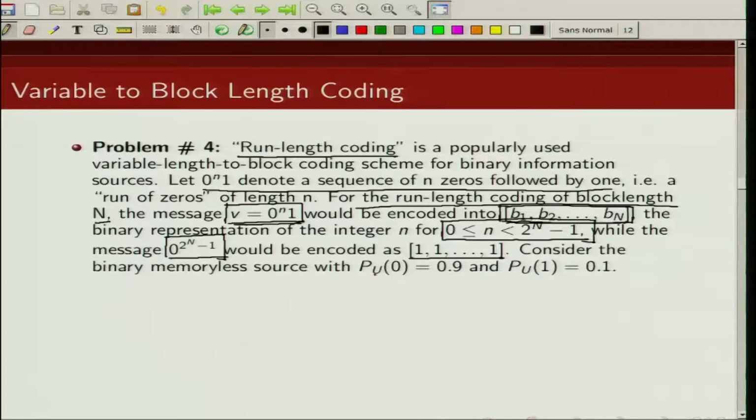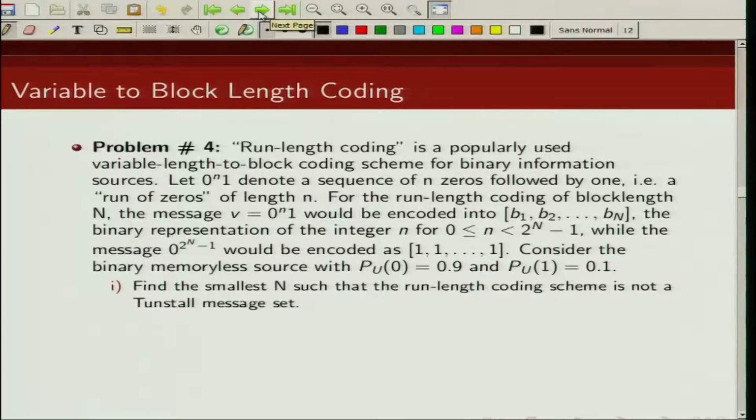So let us consider a source which emits zeros with probability 0.9 and emits 1 with probability 0.1. So we are considering a discrete memoryless source and a binary source, so it emits zeros and ones. Now the question is as follows.